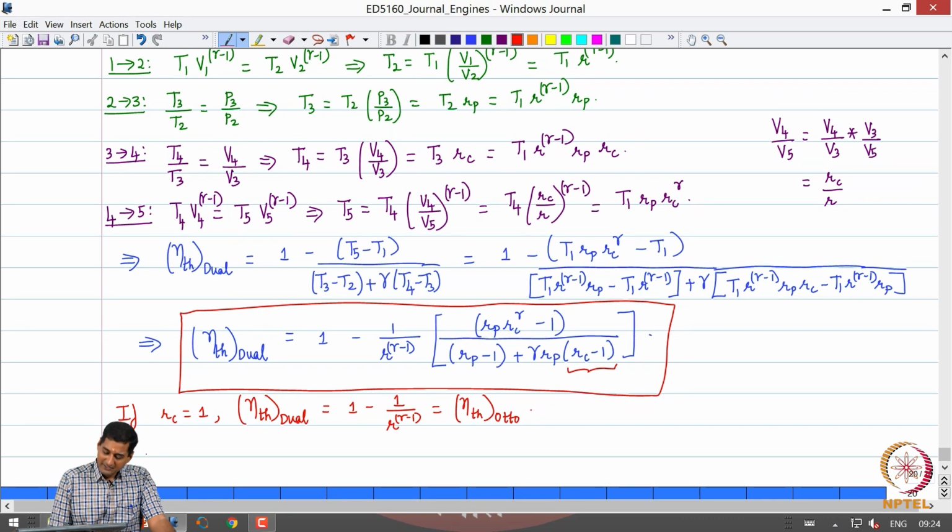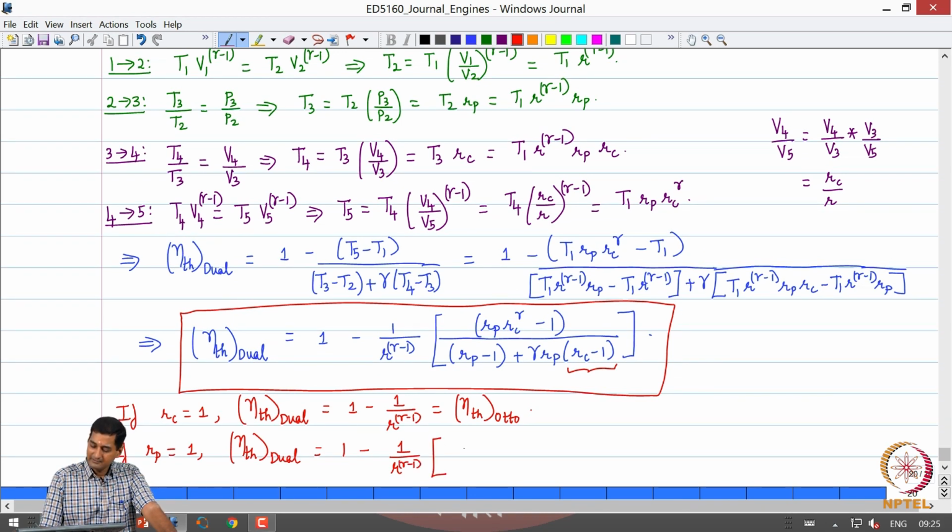If Rp is 1, what do you expect? Now there is no constant volume heat addition process. If you substitute Rp equals 1, this becomes 1 minus 1 divided by R power gamma minus 1, multiplied by Rc power gamma minus 1 divided by gamma times (Rc minus 1).